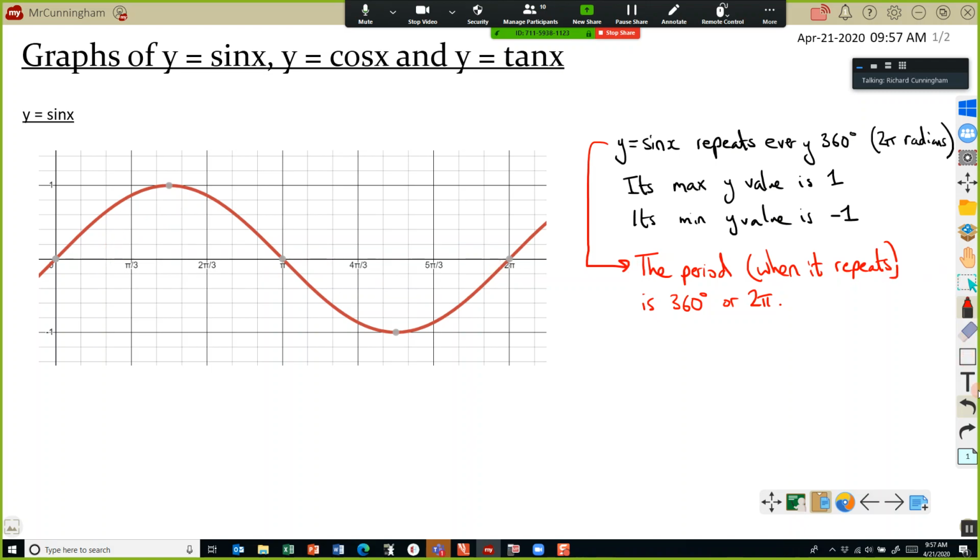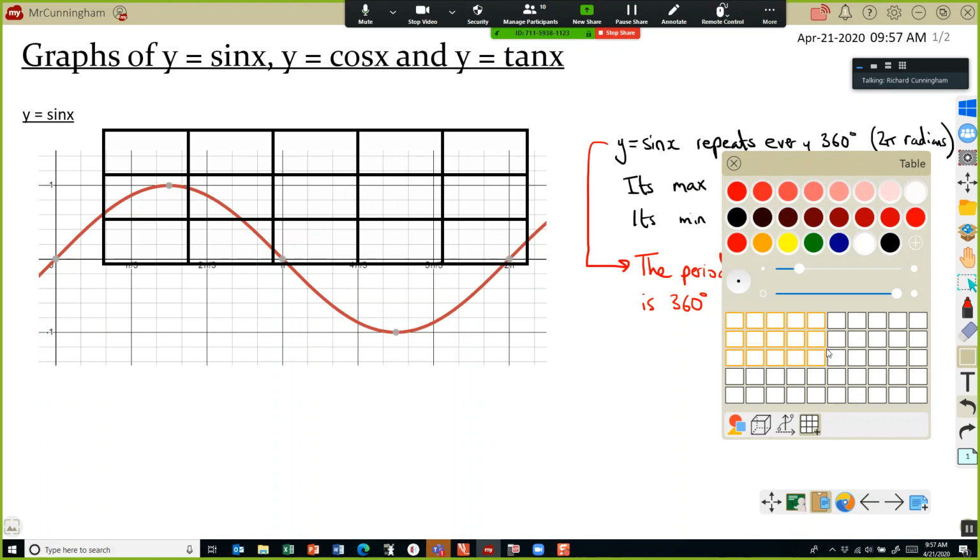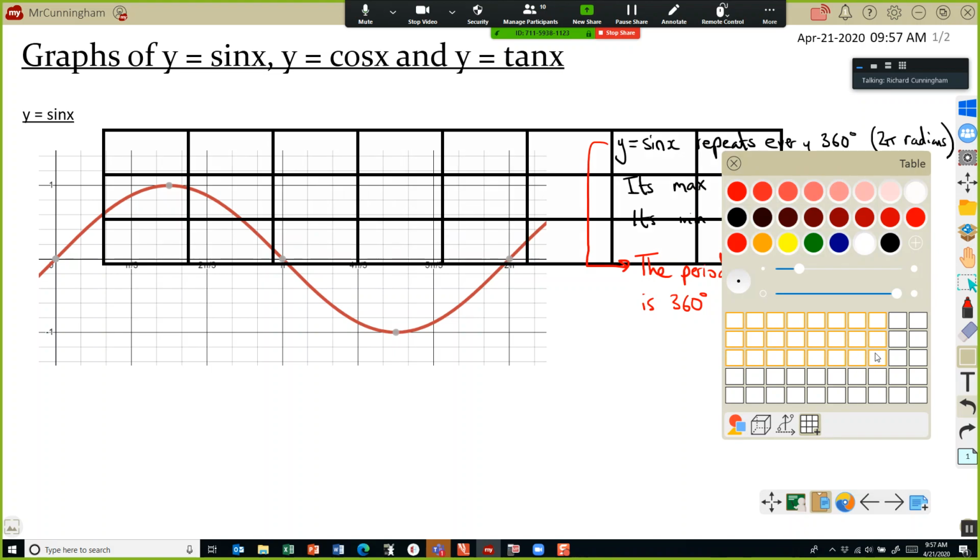Let's create a little table. I want 3 rows and 8 columns: 1, 2, 3, 4, 5, 6, 7, 8.